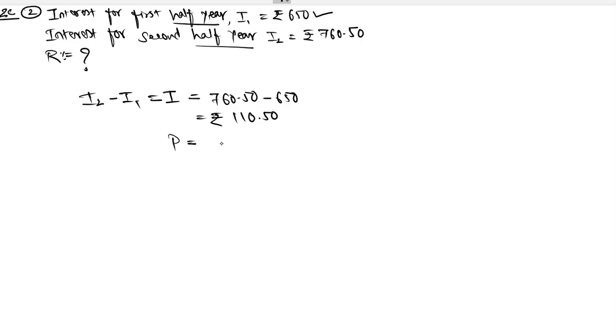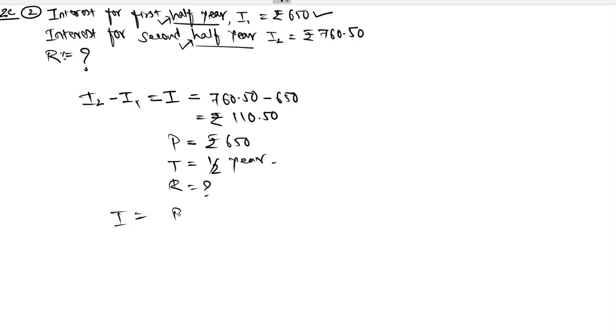Principal is equal to the interest of the previous year, that is rupees 650, and the time I will take as half year. Let me check what will happen if I take time as half year. So time is equal to half year. Why have I taken time as half year? Because they have given the interest of consecutive half years, not consecutive years. So we can find the rate.